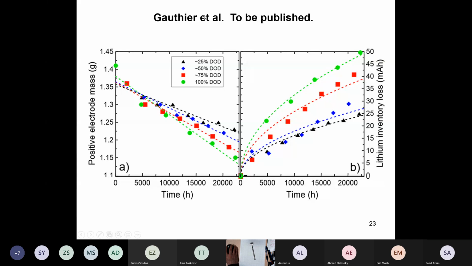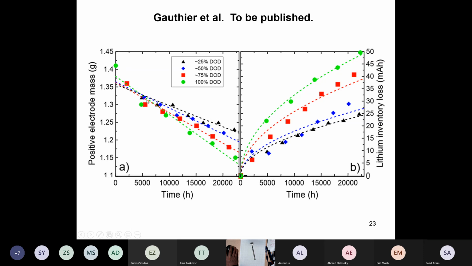So here's a study from Roby. I won't go through all the details, but in this case, cells have been cycling over various depth of discharge ranges for 2.5 years. And in these cells, the positive electrode materials are spherical secondary particles made up of very many small primary particles. And those types of electrode particles can fracture.